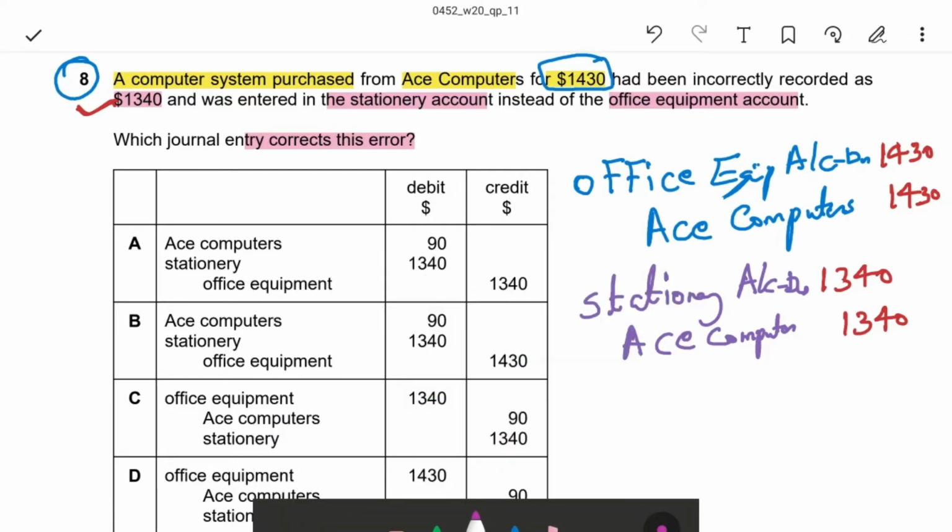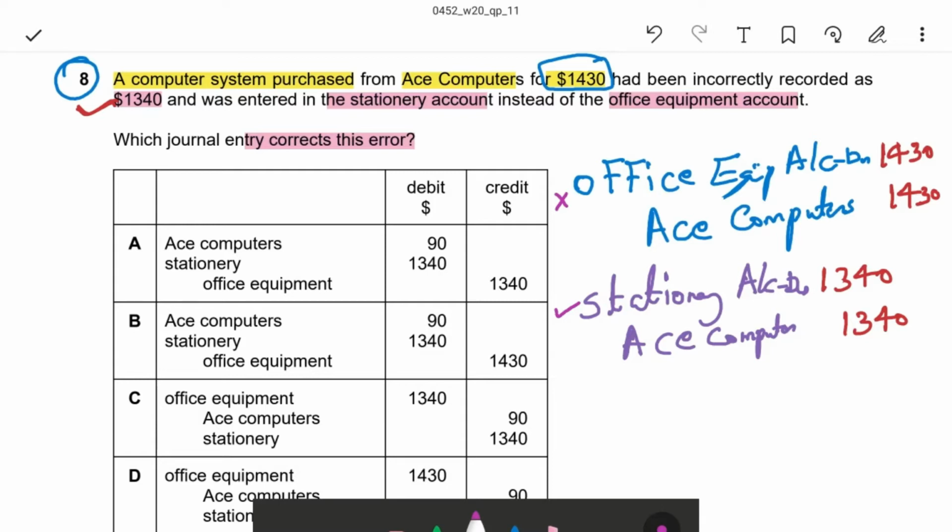Here the errors are: office equipment is the correct account, but they entered stationery. So first, office equipment they have to enter, then stationery they have to remove from the journal entry.